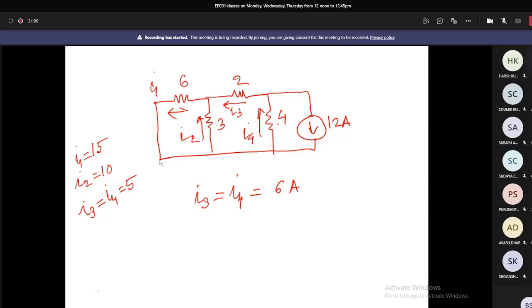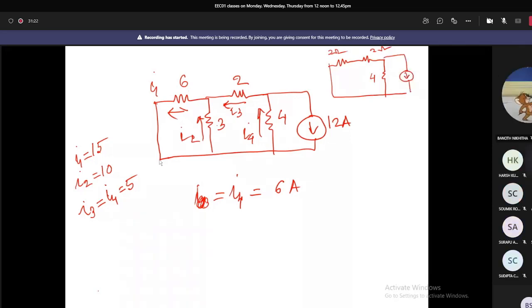Am I clear? Because if I redraw it, it will be like 2 ampere, then 2 ampere, then I4, whenever we solve it. So the effective resistance is 2, 2 ampere, 2 ampere, 4 ampere. This is your 12 ampere source. Okay, so this will become what? It will become 6 ampere only because of the same resistance. Now through this path, this is again 4.